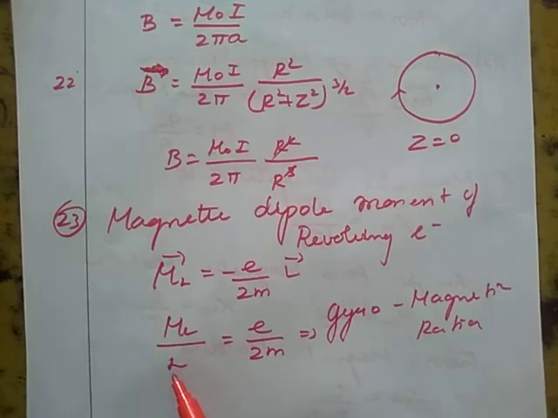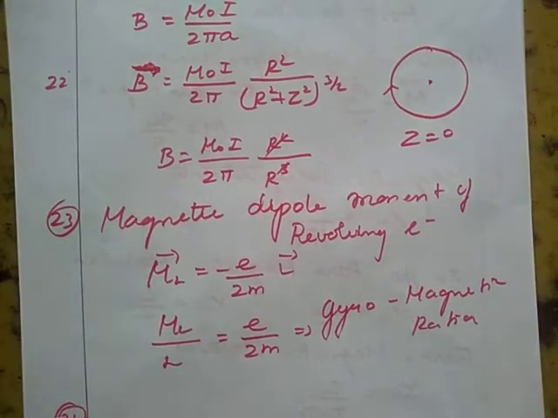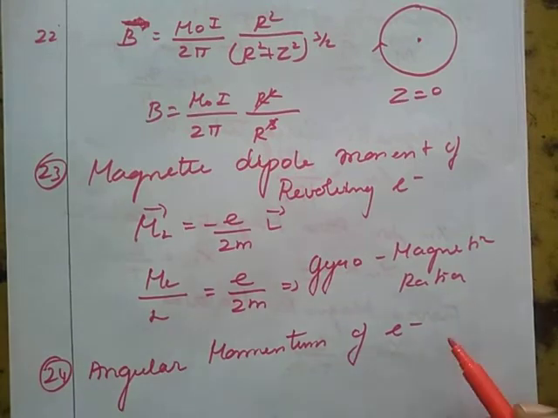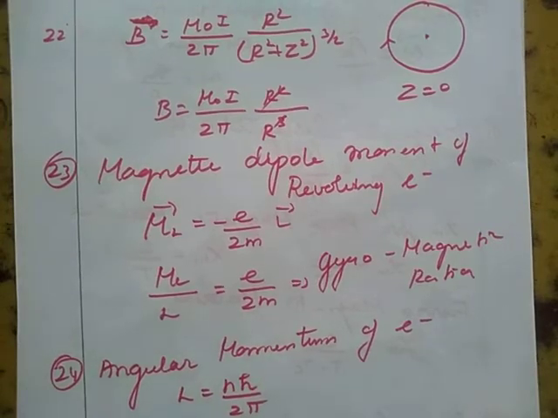Then by using Bohr's postulates, we found the angular momentum of the electron revolving in a stationary orbit. We know L is equal to nh by 2 pi. It is one of the Bohr postulates.